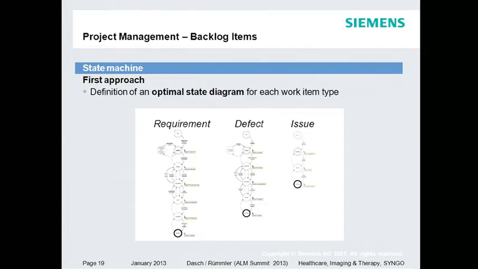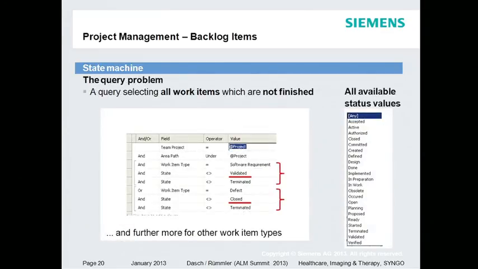And if you do this, you get some state machines, as you can see on the slide. Here are 3 examples for requirement, defect, and issue. All of these have different state machines. You might say, well, yes, that's very normal, and it is, but this comes to a problem from the usability point of view. If a user wants to define a query, in TFS it's called a work item query, he is faced with a lot of different states with a similar semantics behind.